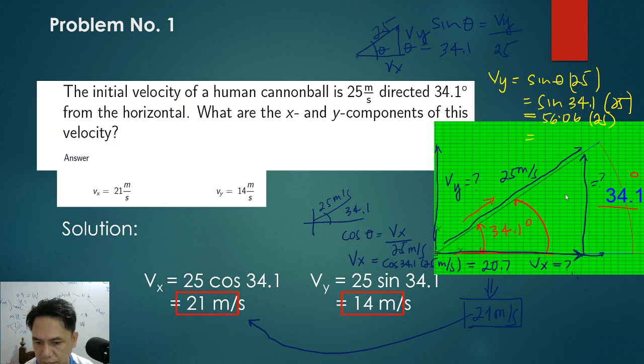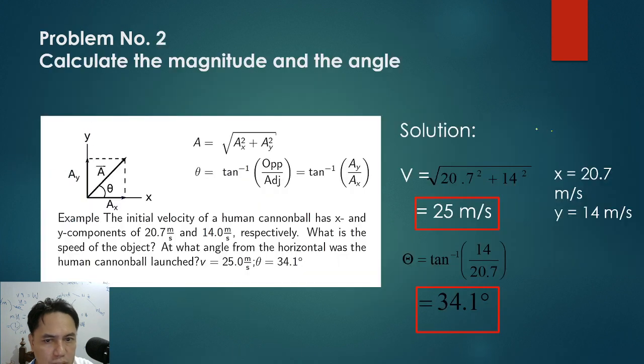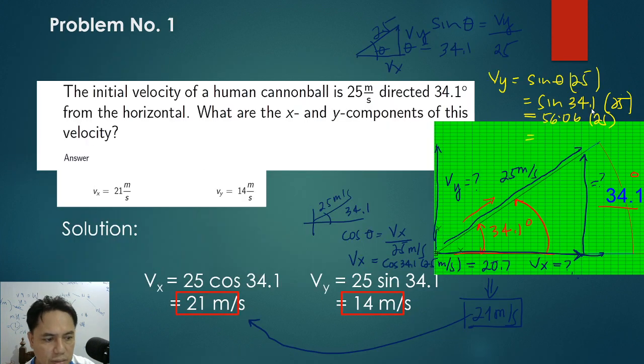So here, 0.5606 times we will multiply with that 25. So we have 14.0159. So here, the answer is 14.01.